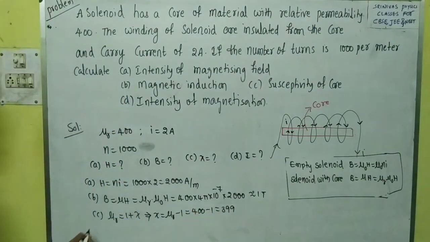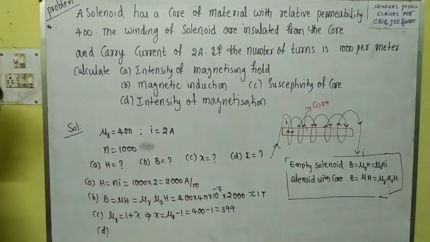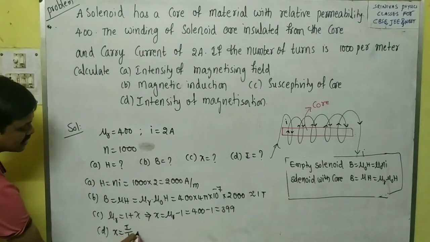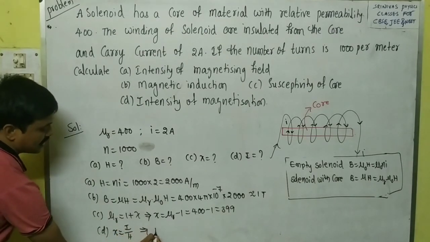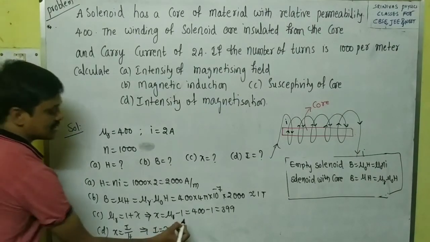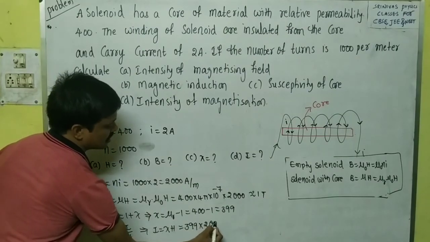It has no unit. The D solution is the intensity of magnetization. We have the formula xi equal to I by H. From this, I is equal to xi into H, where xi is 399 and H is 2000.